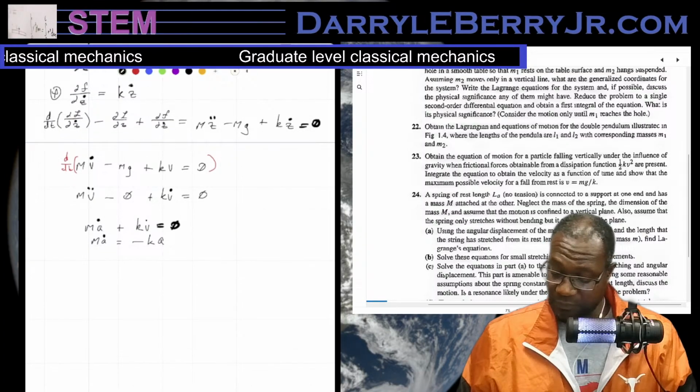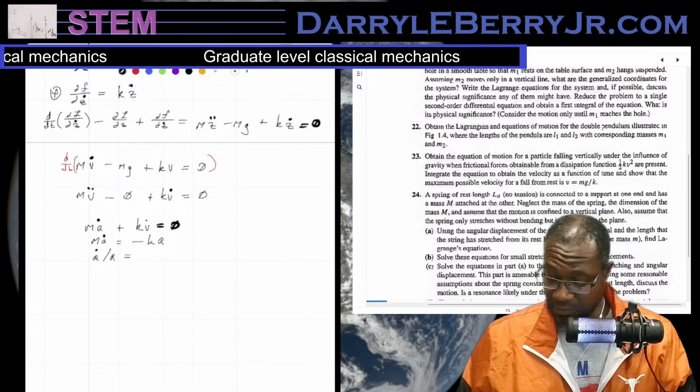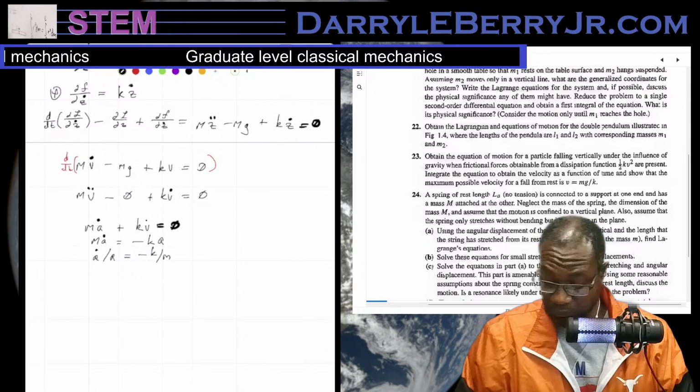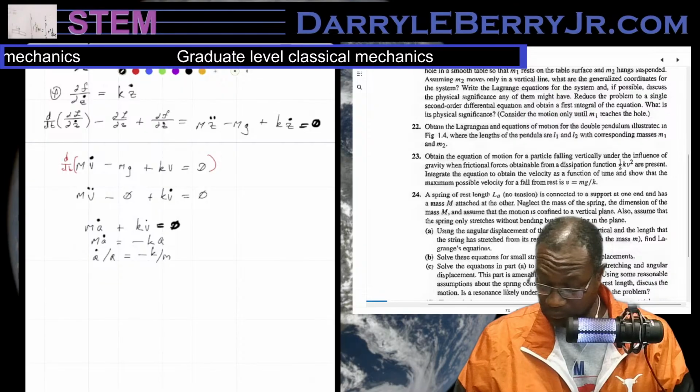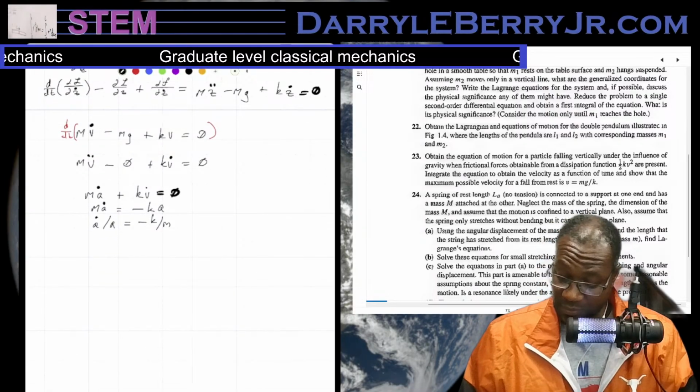So we have a dot divided by a equals negative k divided by m. So now the a's are on one side.